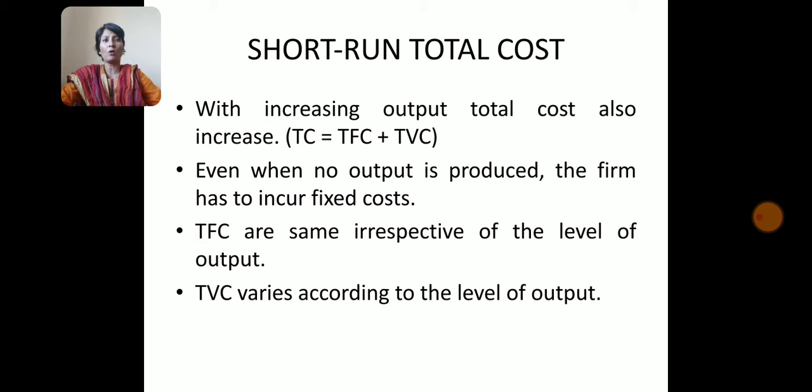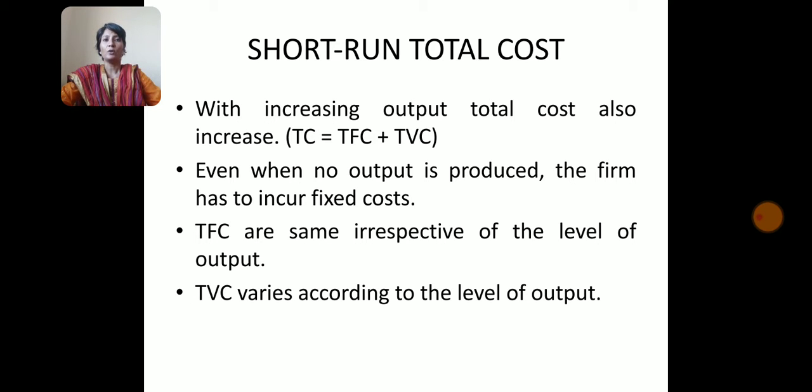With increasing output, total cost also increases. We can express it symbolically as TC is equal to TFC plus TVC.